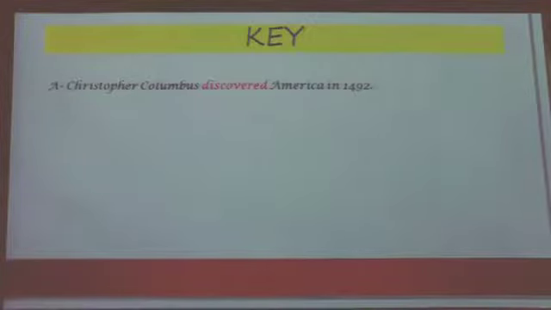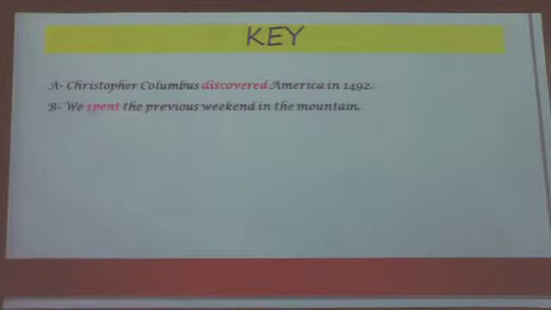Then sentence letter B, we spend, so the verb is spend the previous weekend in the mountain. Here you are. We spent. The verb to spend is an irregular verb, okay? So we form the simple past by putting T in the place of D at the end.